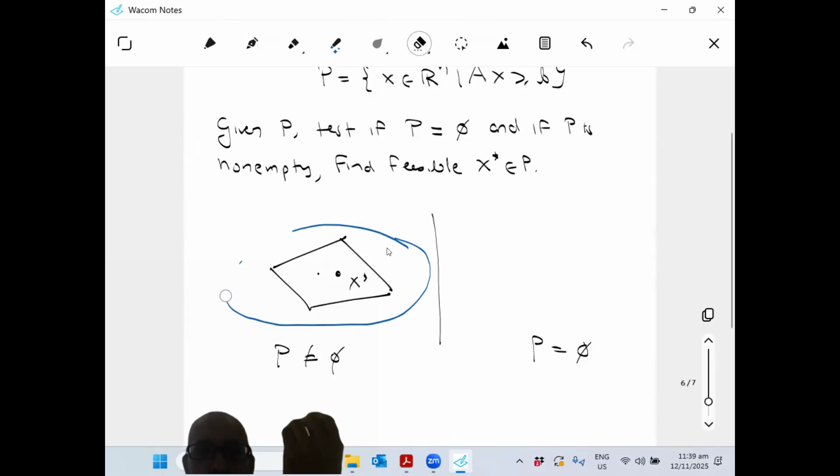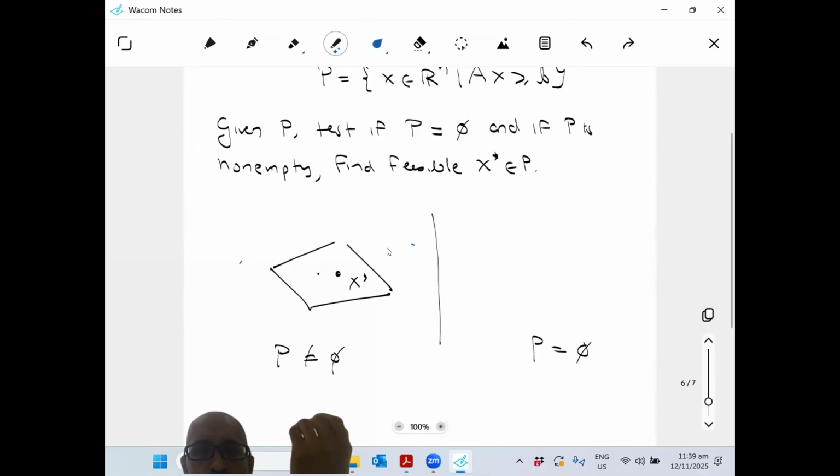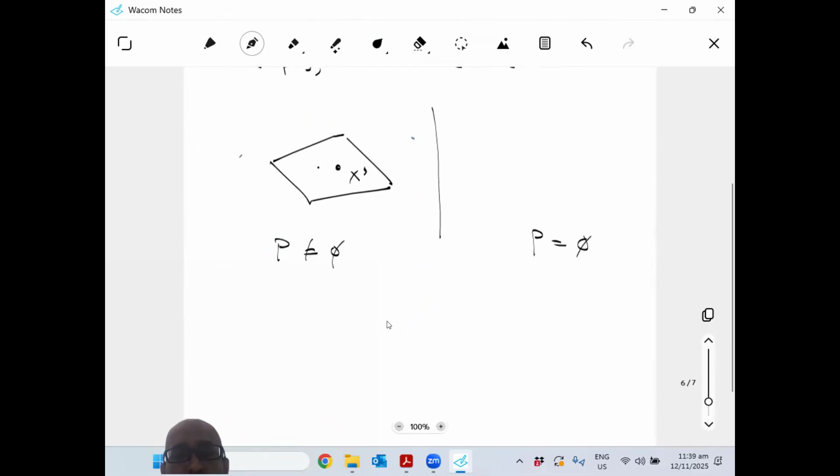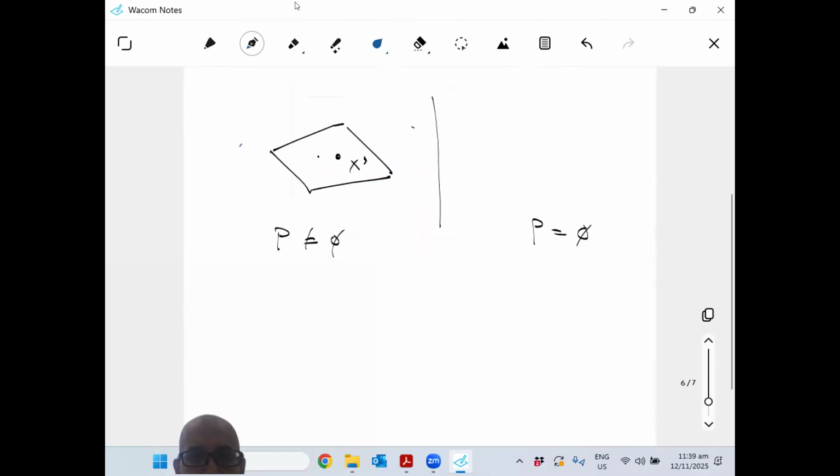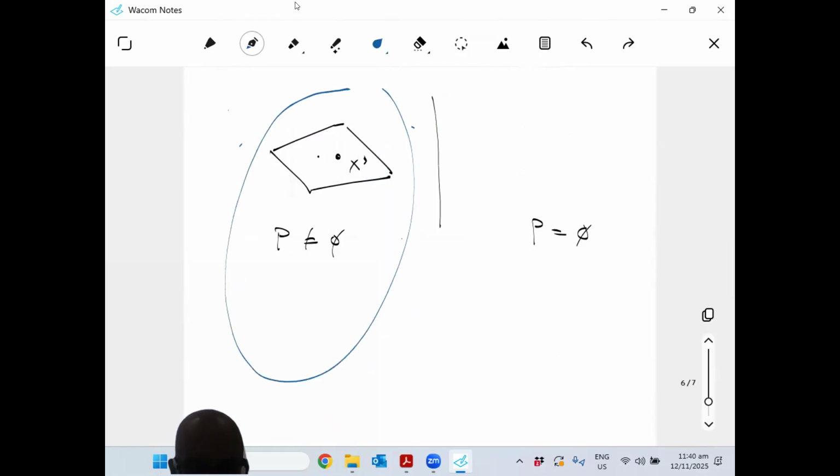If I chose, for example, a very, very large ellipsoid, let's say this is my ellipsoid, it could have been that my center was here.